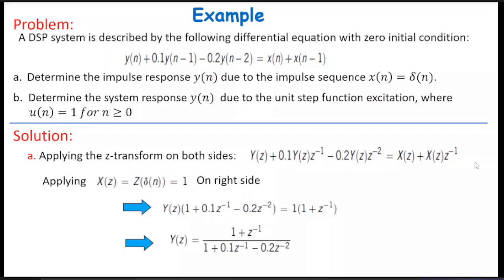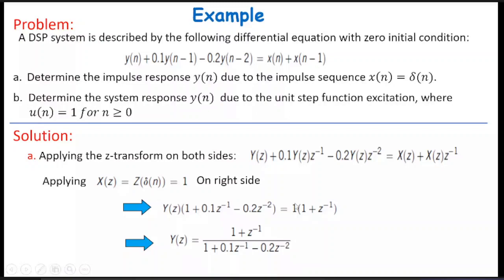Then just follow the steps: you take Y(z) common, so it becomes 1 plus 0.1 z inverse minus 0.2 z to the minus 2, and X(z) times 1 plus z inverse. Now this X(z) is actually what it is.